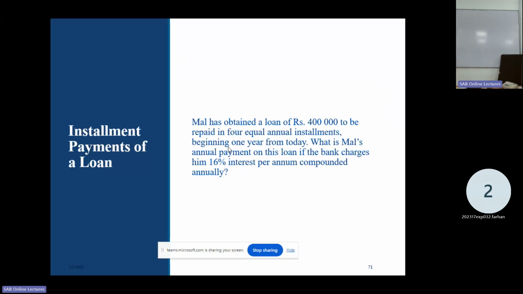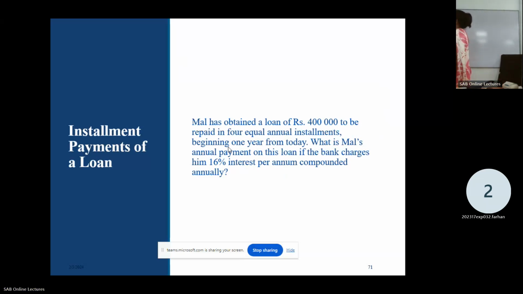First calculate the installment of this loan, because now you have learned to calculate the installment. In a previous example also we did a similar type of action, so you can determine the installment. The amount borrowed is 400,000.